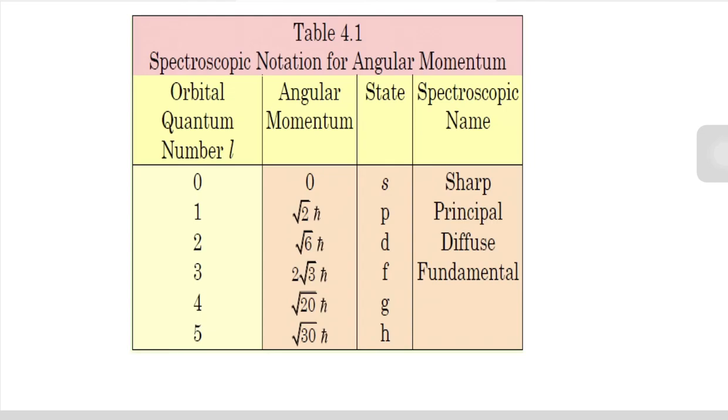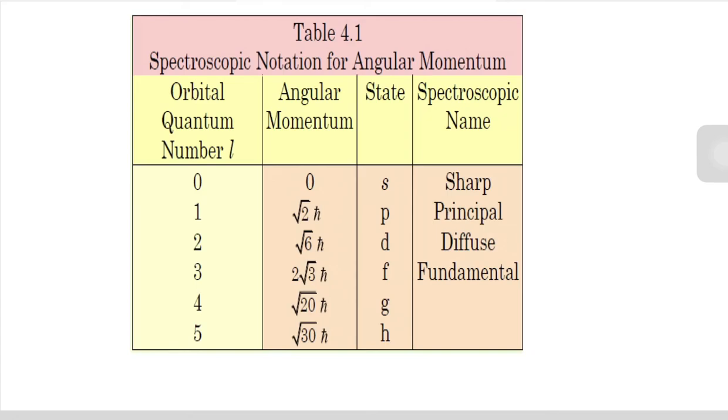In this table, we show the orbital quantum numbers, the angular momentum, and the symbol of the state. For example, if the orbital quantum number L is equal to 0, we have one value of the angular momentum, which is equal to 0, and this state is denoted by S, and it's called sharp.